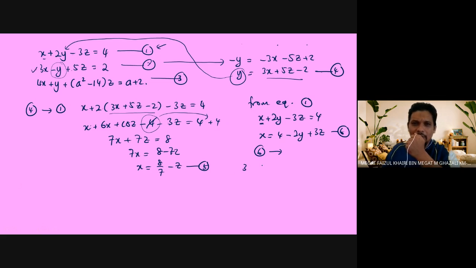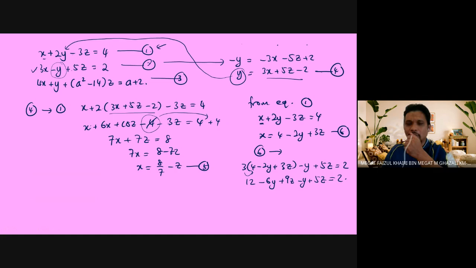So we got 3x, or x here, sorry. 3 times 4 minus 2y plus 3z minus y plus 5z equal to 2. So 3 times 4, 12. 3 times negative 2, negative 6y. 3 times 3 equal to 9z minus y plus 5z equal to 2.